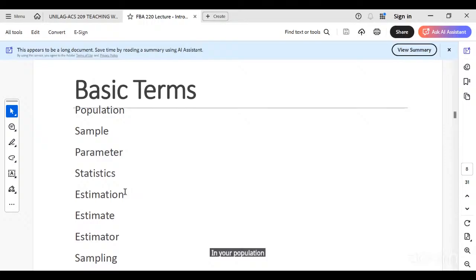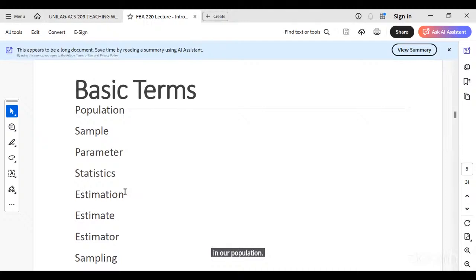Any function at all that represents the entire unit in a population is a parameter. So you can have population mean. The mean is computed by adding all the measurements in the population, and then you divide by the total number of observations that you have in that population.